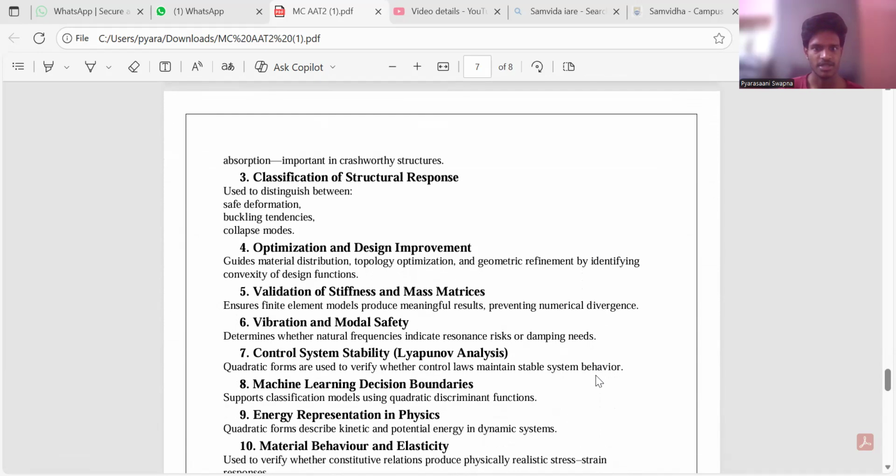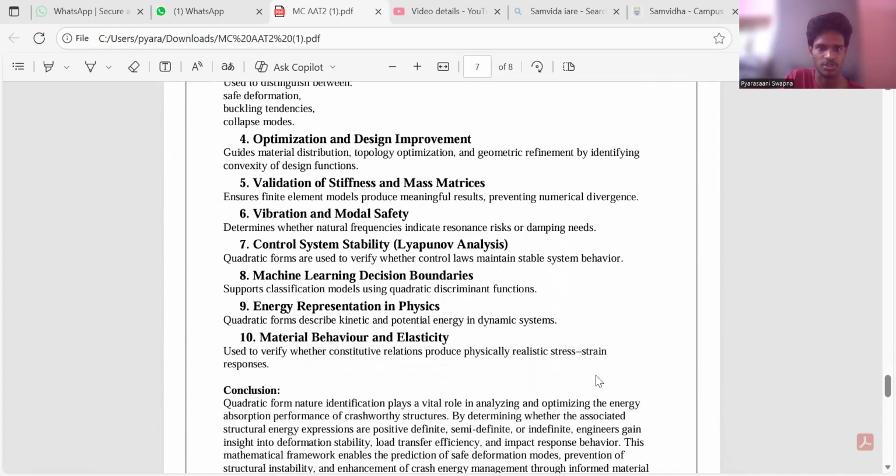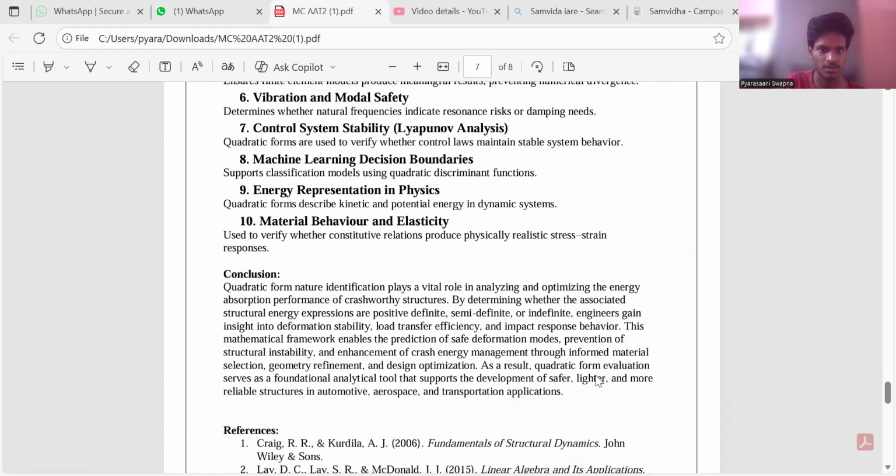Validation of stiffness and mass matrices. Vibration and modal safety. Control system stability. Machine learning decision boundaries. Energy representation in physics. Material behavior and elasticity.